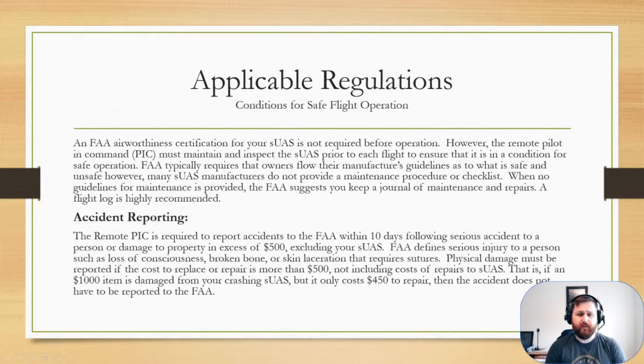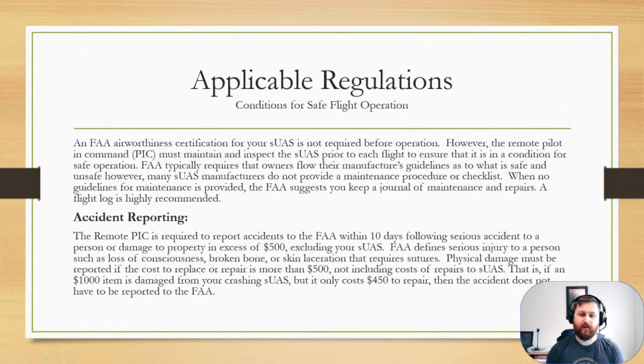Accident reporting. This is another important thing that you'll likely get a couple questions on in Part 107. The remote pilot in command is required to report accidents to the FAA within 10 days following a serious injury to a person or damage to property in excess of $500, excluding your sUAS.